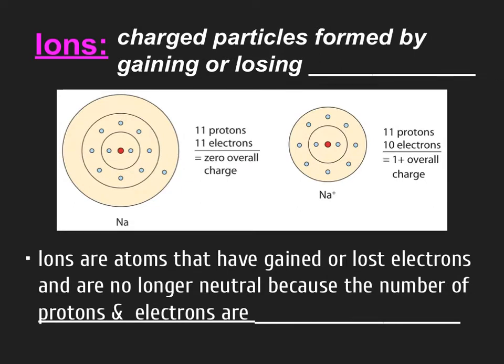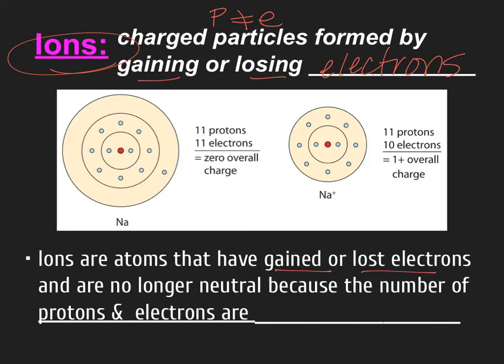So as these electrons are gained or lost, what we're creating is something called an ion. So that ion is no longer an atom because my protons do not equal my electrons. Because those electrons are gained or lost, I end up with this charge, either positive or negative.